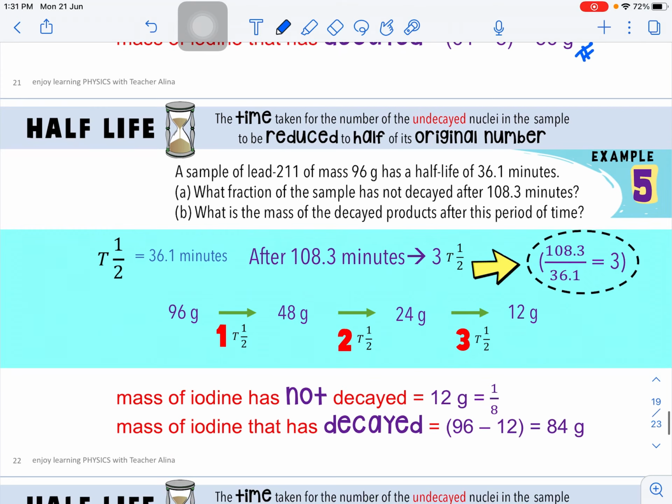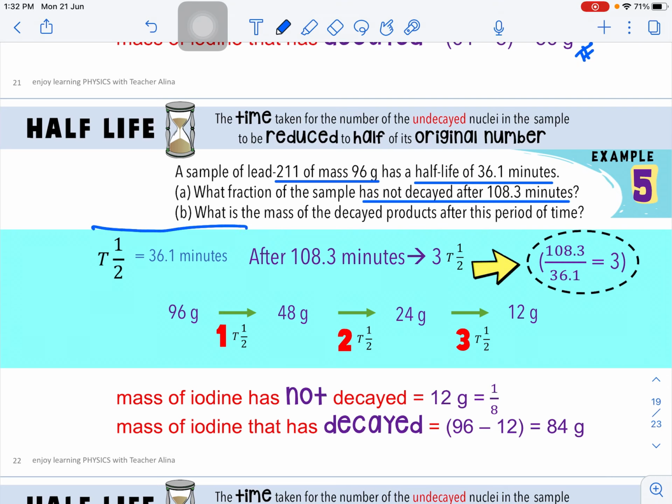Another example. A sample of lead-211 of mass 96 gram, half-life 36.1 minutes. What fraction of the sample has not decayed after 108.3 minutes?